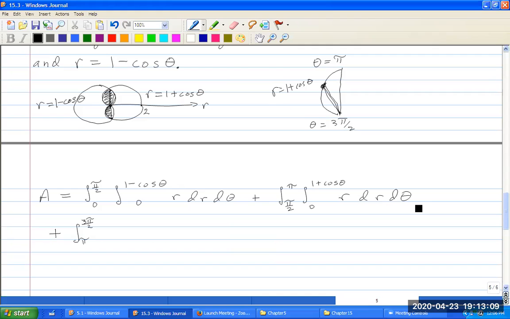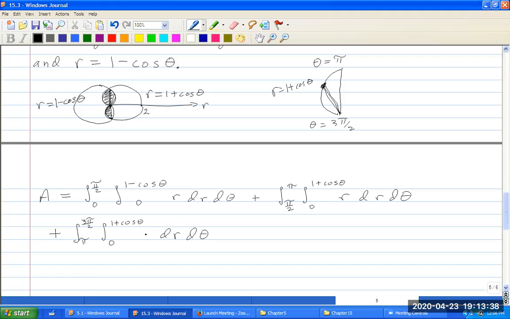But I'm not going to do symmetry right now. I'm going to do the whole thing. It's going to be a little bit of a pain, so this is a lot of integrals then. Without using symmetry, that's going to be a lot of pain. And so this goes from 0 to 1 plus cosine theta r dr d theta.